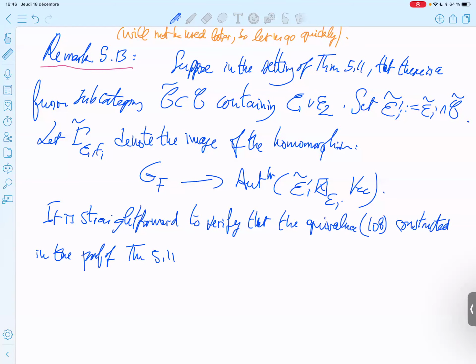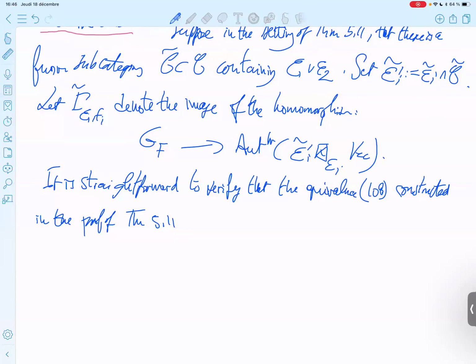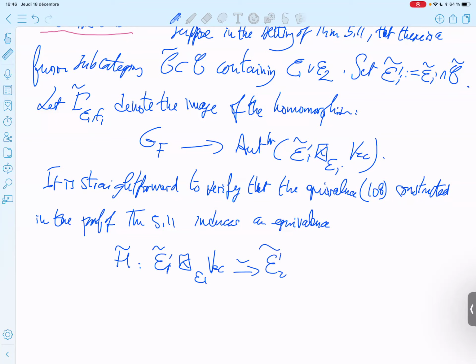Yeah, just the H, induces an equivalence H tilde from this to this.